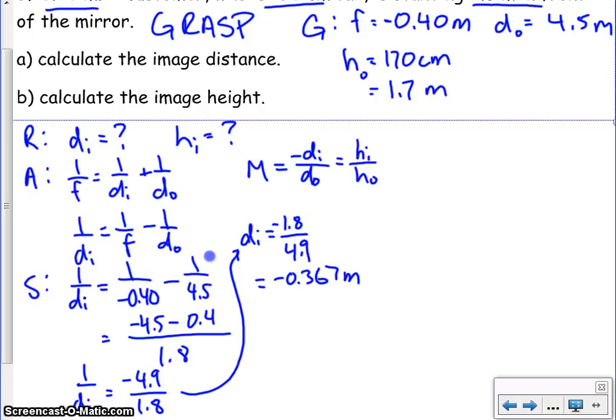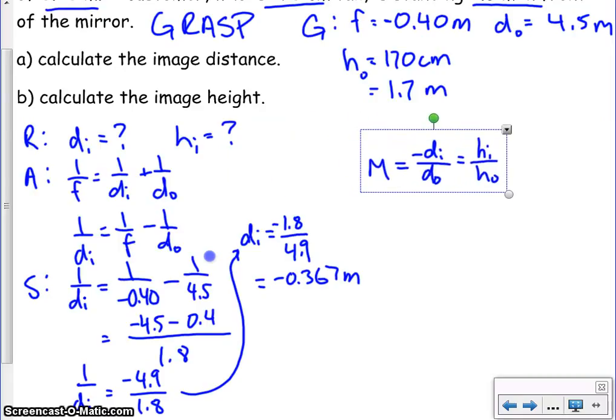Now I'm going to do my solution for part 2. So the image distance is negative 0.367 meters. The negative means it's behind the mirror. A negative distance is behind the mirror.